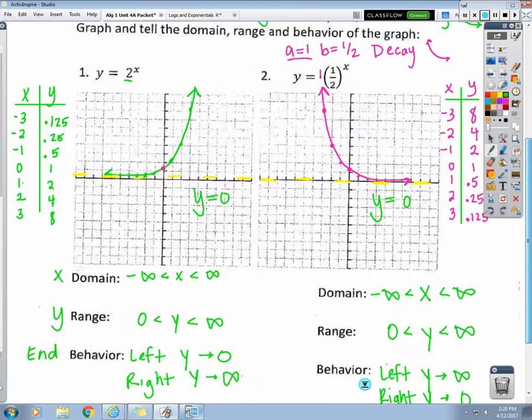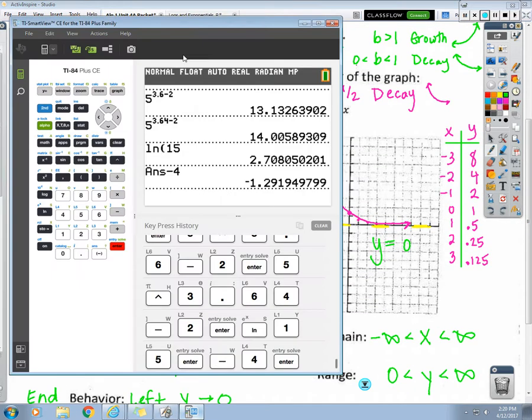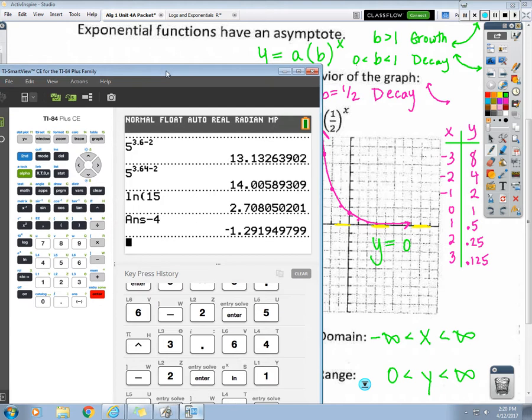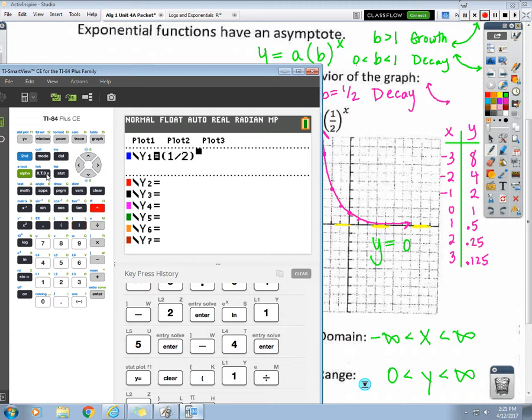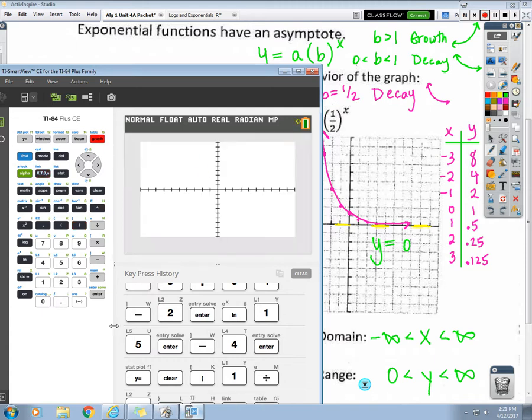Okay, watch this. y equals, I'm just going to type in the equation. So parenthesis 1 divided by 2 parenthesis, there's my 1/2, raised to the x power. Okay?